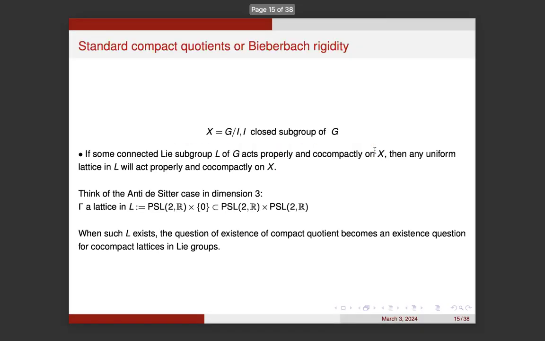So what is this idea of Kulkarni? Consider a homogeneous space X of a Lie group J. The observation is the following. If I have a connected Lie subgroup L of J which acts properly co-compactly on X, then any co-compact lattice in L will also act properly co-compactly on X.